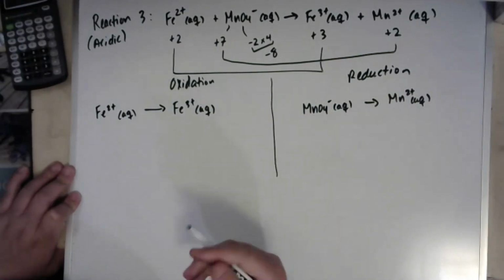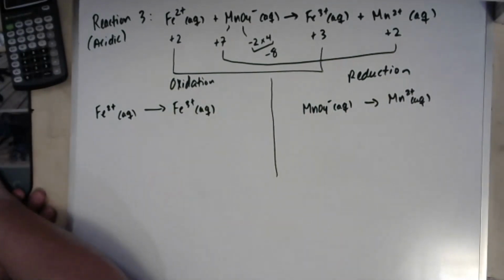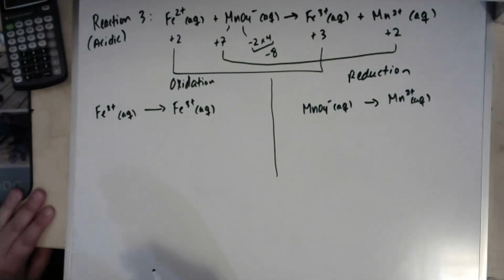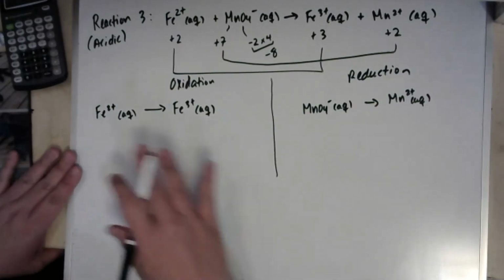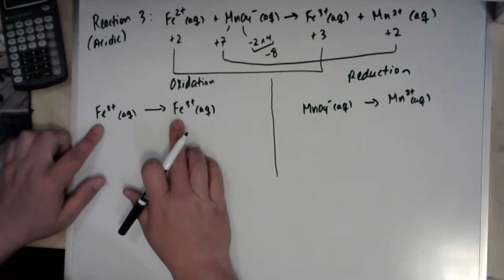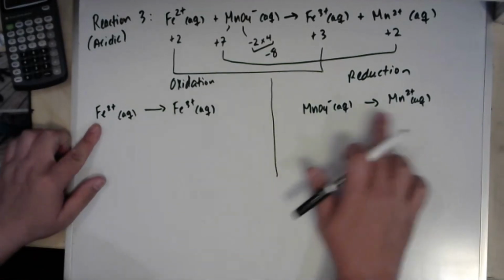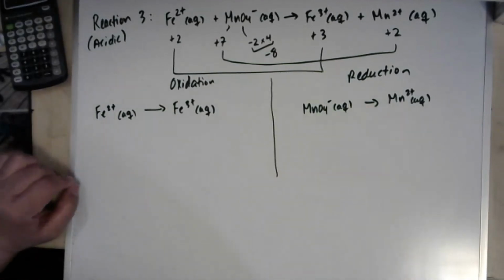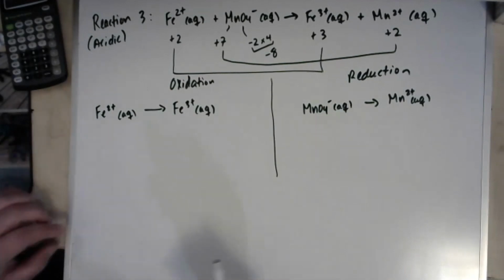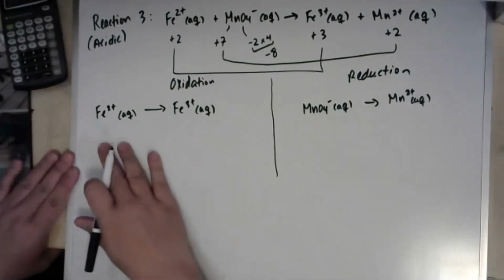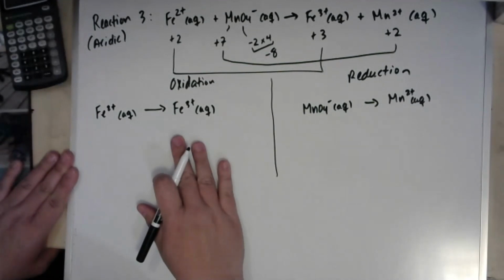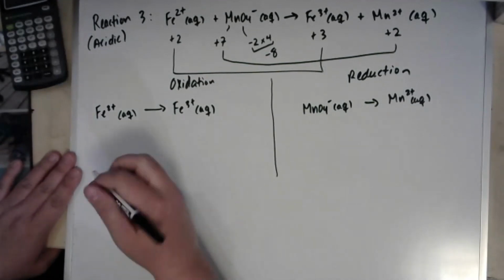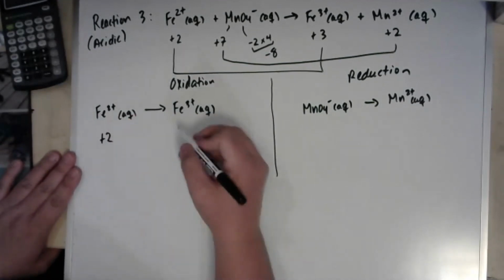Okay, so we're going to start by balancing anything that is not hydrogen or oxygen. Our irons are balanced in this case. Our manganese is balanced in this case. So we're going to focus on the hydrogen and the oxygen first. There are none here, so we can skip that step. We can go right to our electron step.